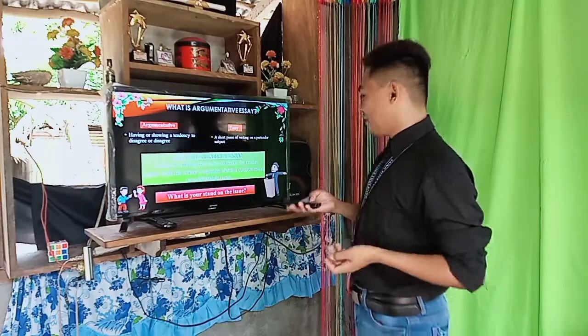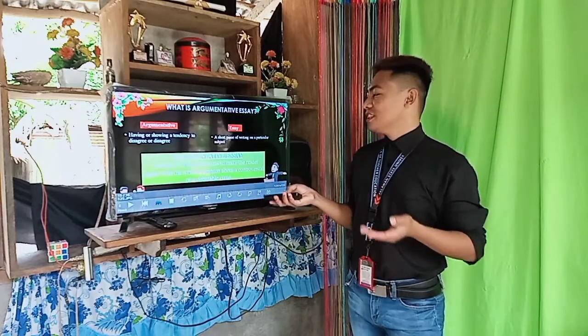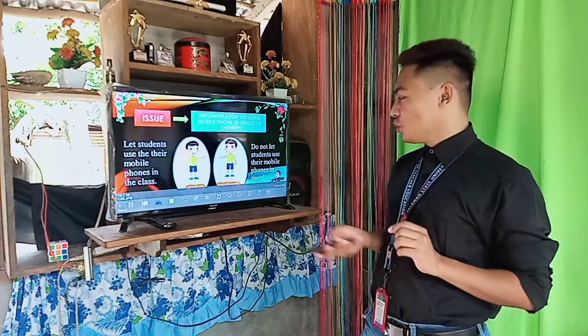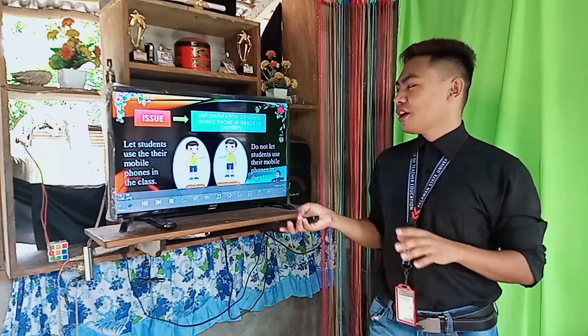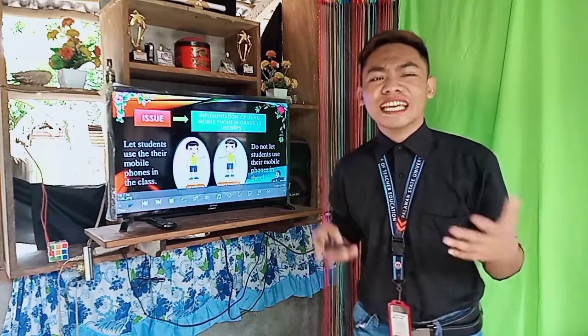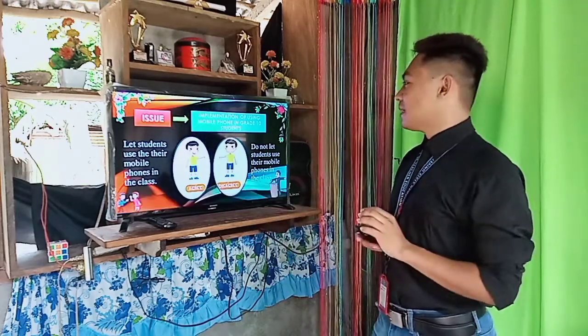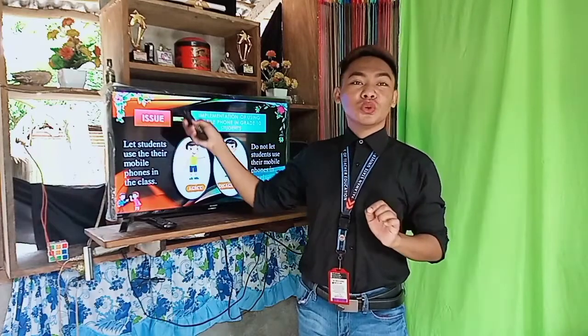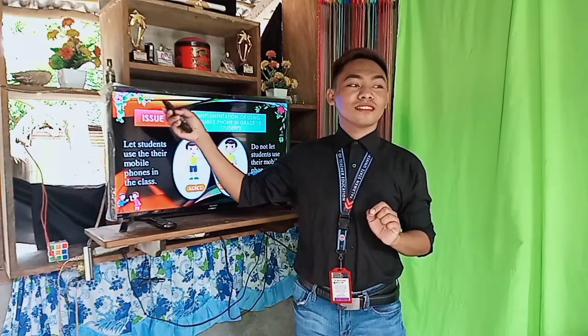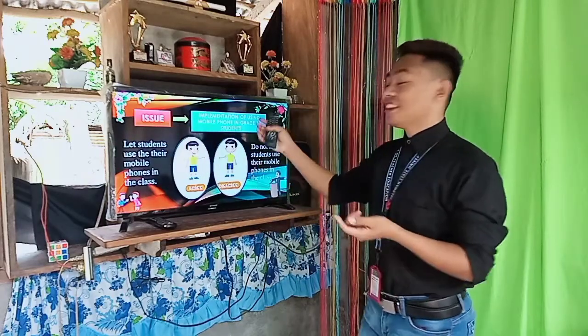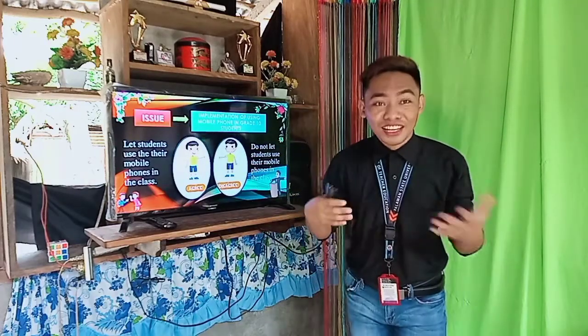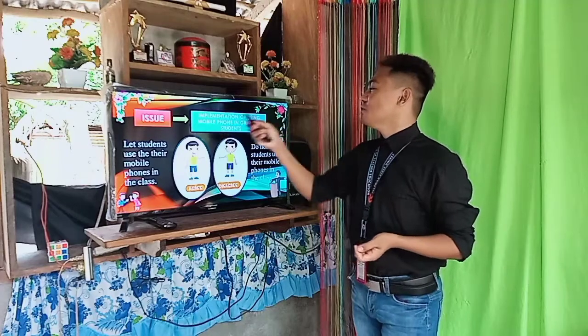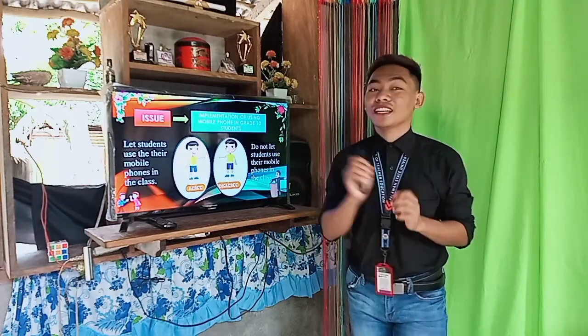Okay, very good. Let's move on to the next slide, which pertains to the structure, in order for us to clearly understand the argumentative essay. There's an issue that is being discussed in the particular piece. Basically, this one, which is very relevant to you, is the implementation of using mobile phones for grade 10 students.